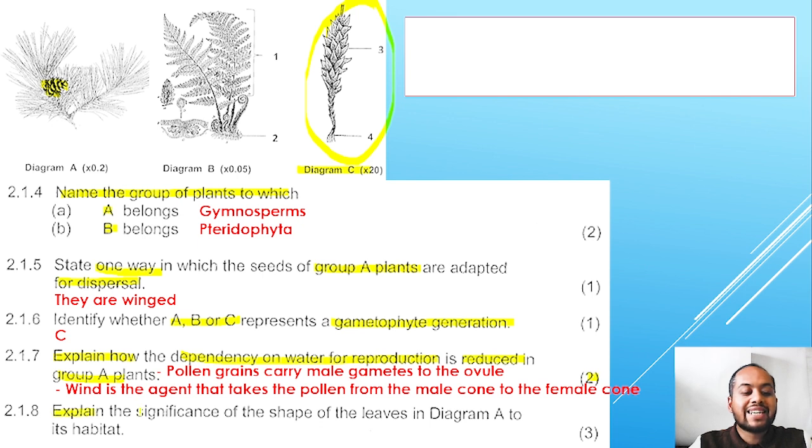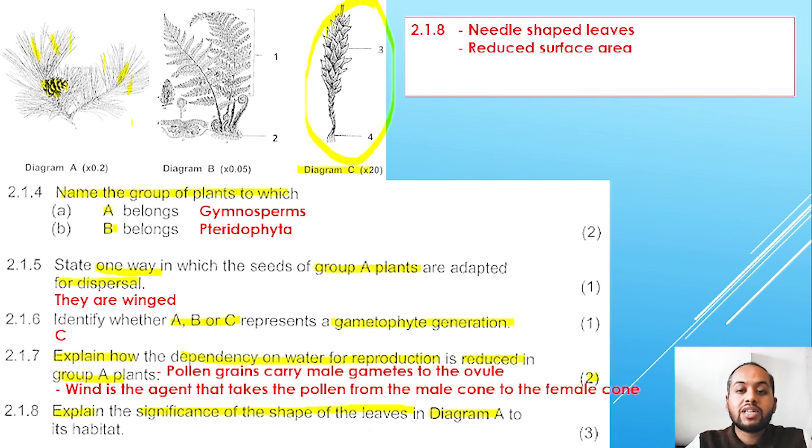2.1.8 explain the significance of the shape of the leaves in diagram A to its habitat for 3 marks. What is the significance of these leaves that you have on a pine tree? So firstly, the leaves are going to be thin, needle-shaped leaves, which reduces the surface area.